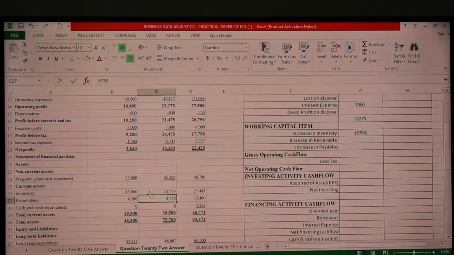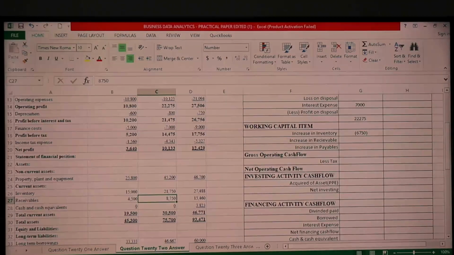You're supposed to take that cell. Can you really expound why you took that? That is receivables, increase in receivables. Receivables for 2020 minus those of 2021. Is that really the case? We take 2020 minus 2021, not 2021 minus 2020.